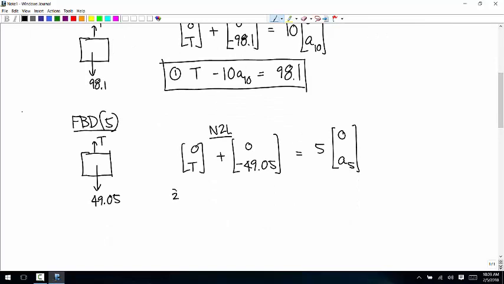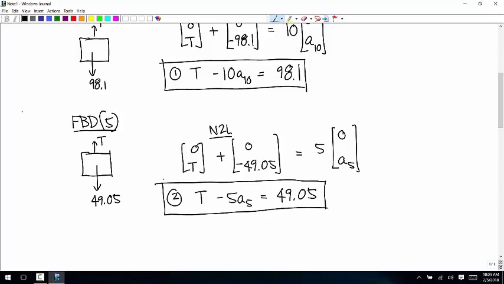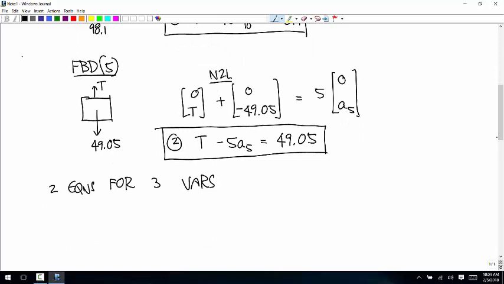And that gives us a second useful equation that says T minus 5A5 is equal to 49.05. That's two equations for three variables. So we can't solve it yet.